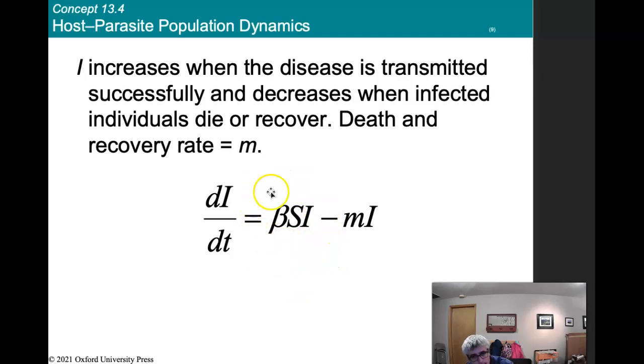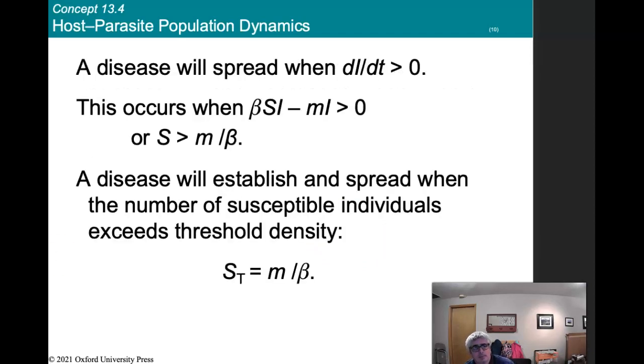So again, this is the transmission coefficient, susceptible times infected, minus death and recovery rate times the number of infected individuals. And the disease will spread when the change in infection over the change in time is greater than 0.